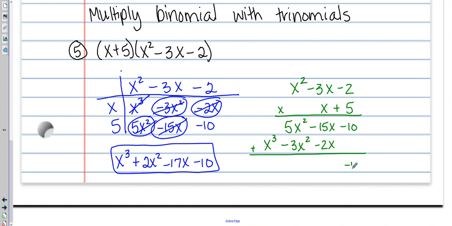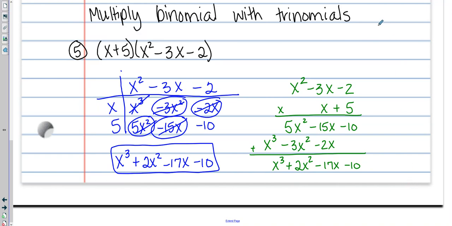Bring down the negative 10. Here, negative 15x minus 2x is negative 17x. 5x squared minus 3x squared is positive 2x squared. And bring down x to the third power. And look how the answer matches. So that's a different method if you'd like to do that.